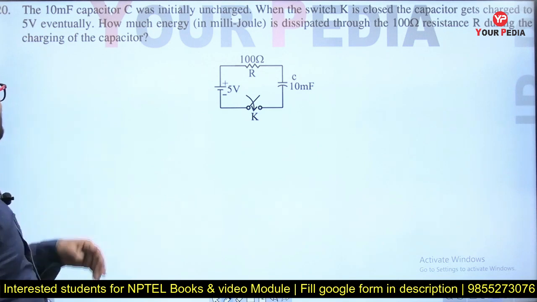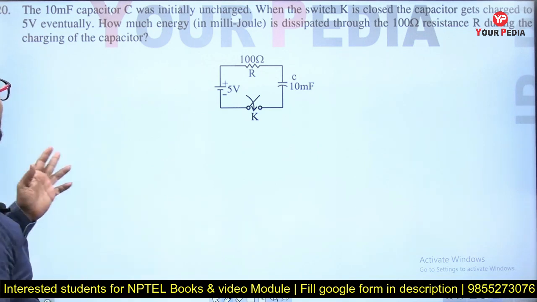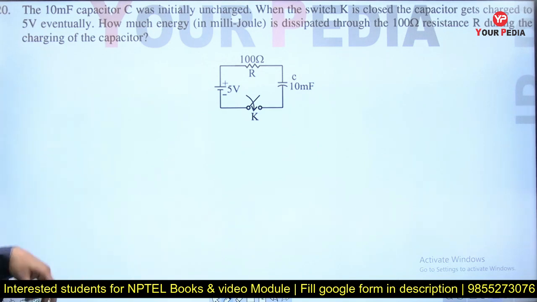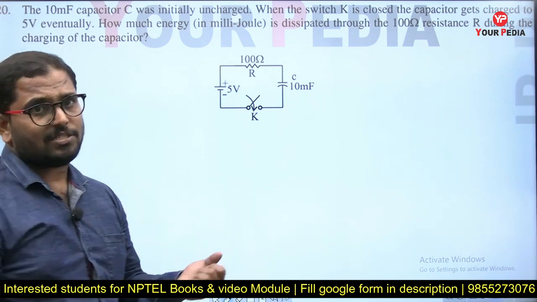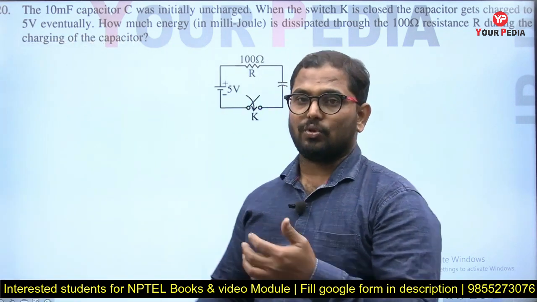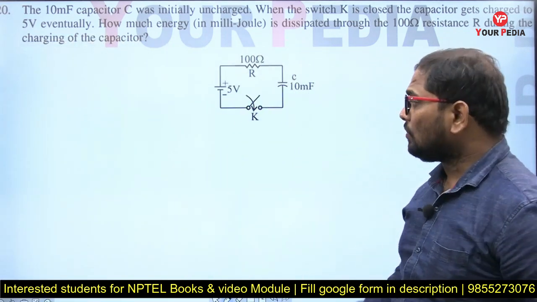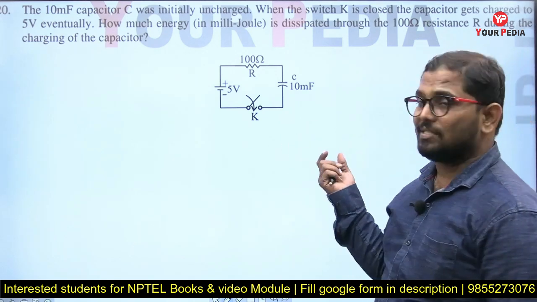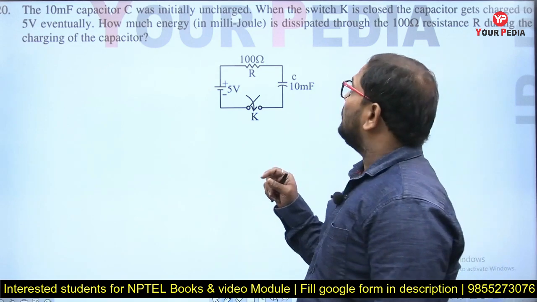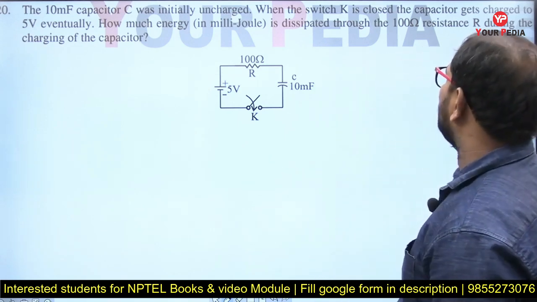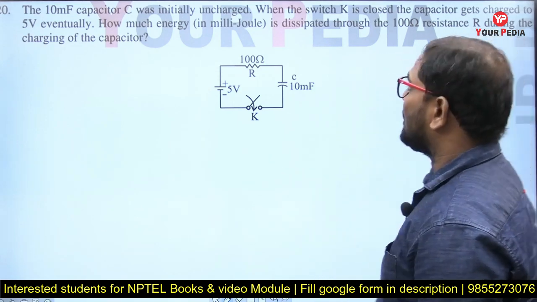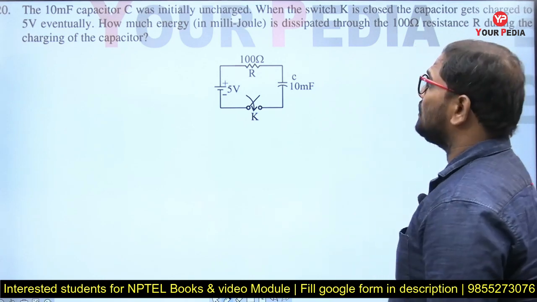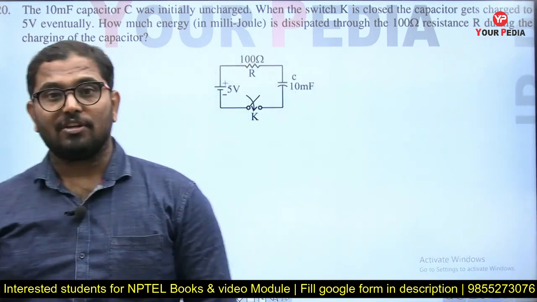Now what is the question? The 10 microfarad capacitor was initially uncharged. What is the meaning of initially uncharged? There is no initial energy storage in the capacitor, so the initial voltage across the capacitor is 0. Next, when the switch K is closed, the capacitor gets charged to 5 volts eventually.